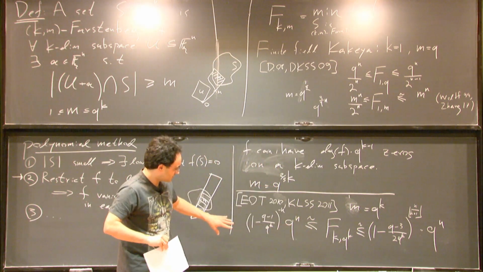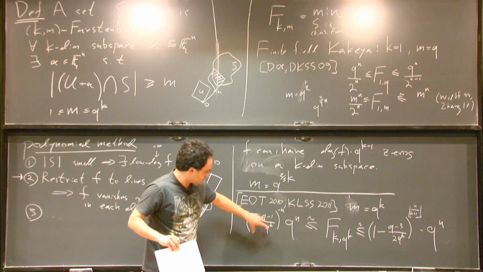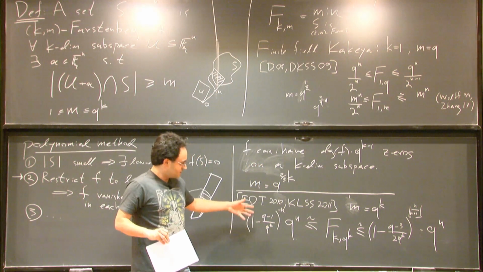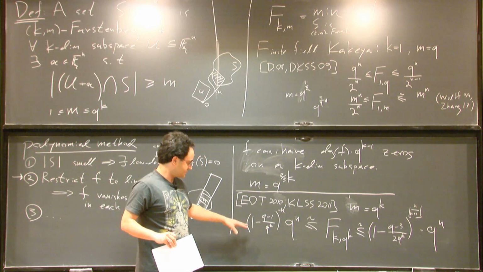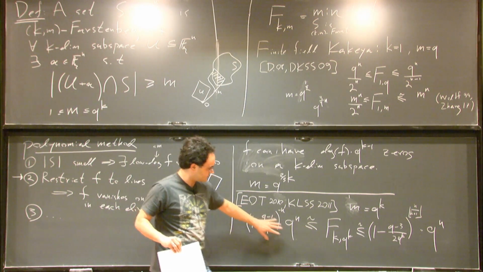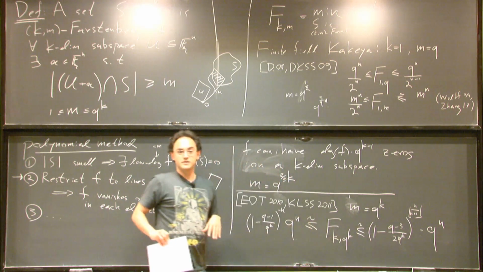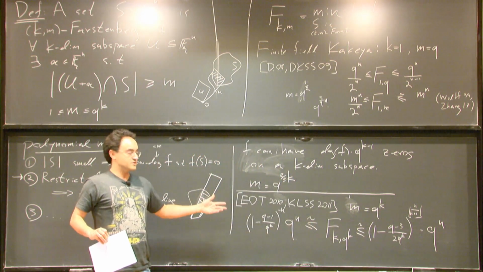So if you ignore these things, when q is large enough, which is the case in some of the applications, these constants approach 1. So you get almost all the points.